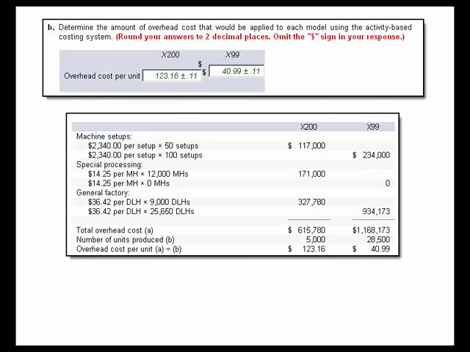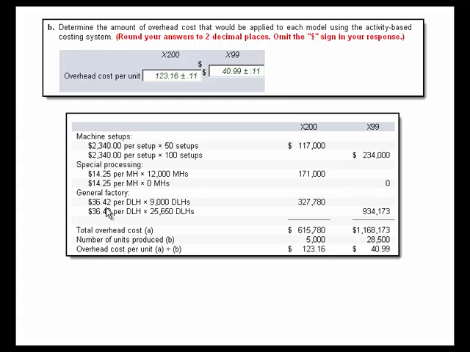Okay, next we need to determine the amount of overhead cost that would be applied to each model using the activity-based costing system. We come up with $123.16 for the X200, $40.99 for X99. Well, how do we come up with that? We take the 2,340 answer that we solved previously, the 1,425 and the 36.